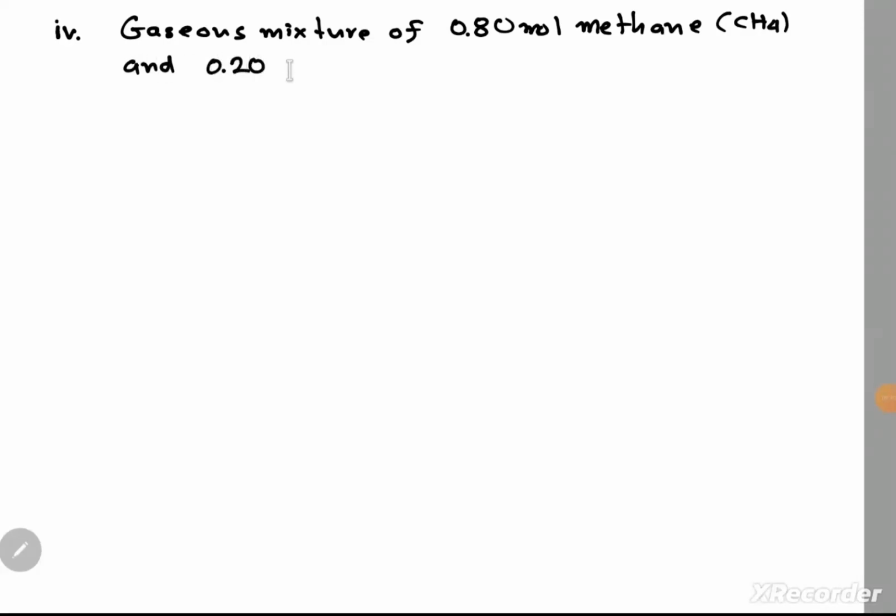A gaseous mixture of 0.8 mole methane and 0.2 mole ethylene.